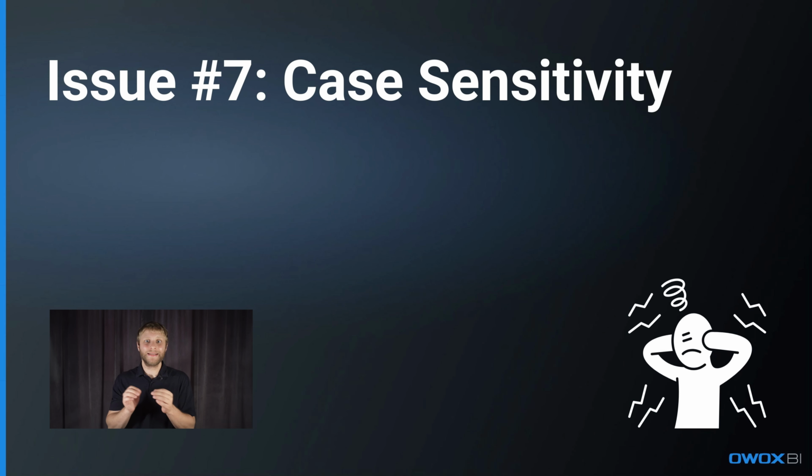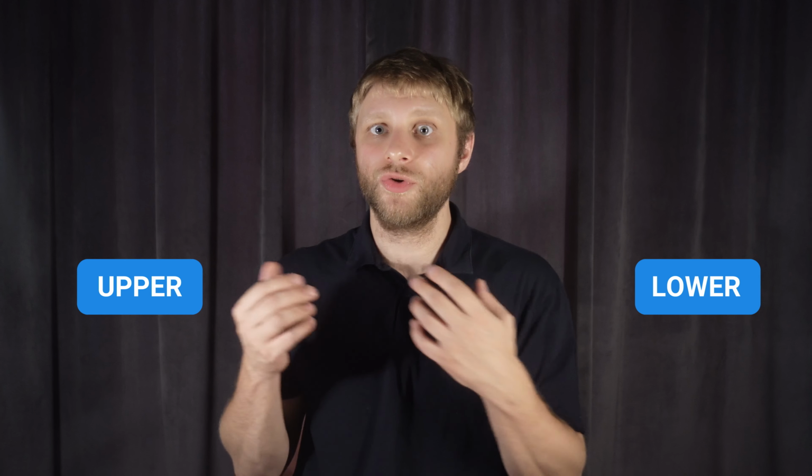VLOOKUP is case insensitive and might confuse similar values with different casing, like Apple versus apple. Solution: standardize data case using LOWER or UPPER functions within VLOOKUP to ensure uniformity. I hope this video will help you troubleshoot common issues with VLOOKUP in Google Sheets.